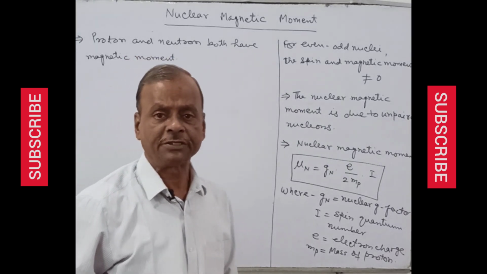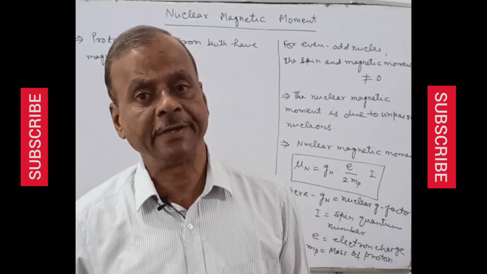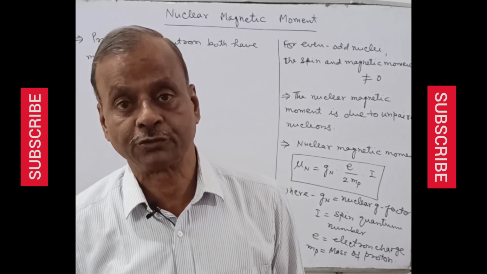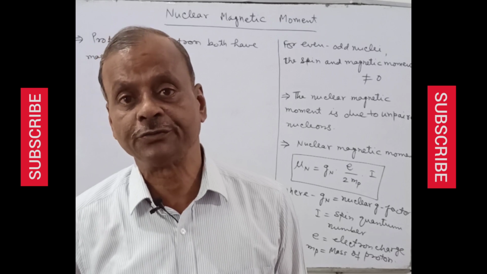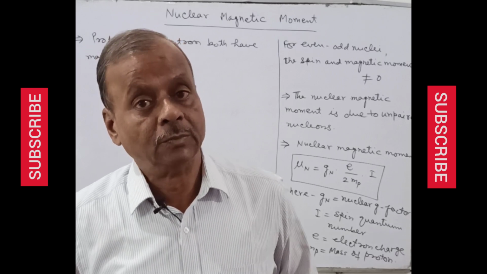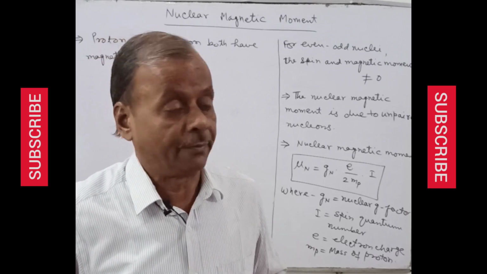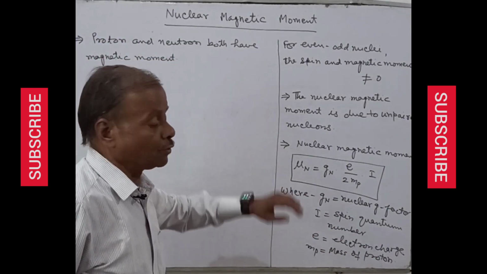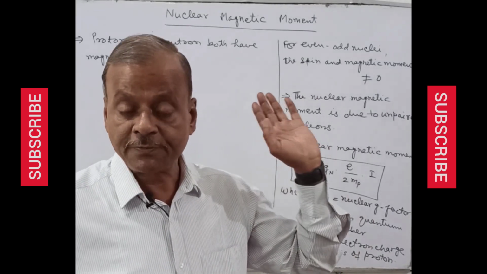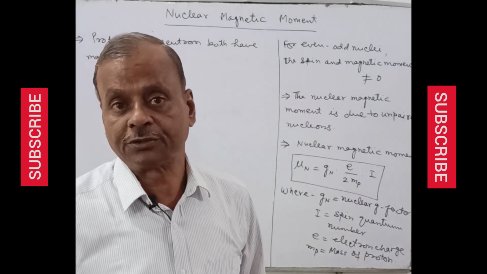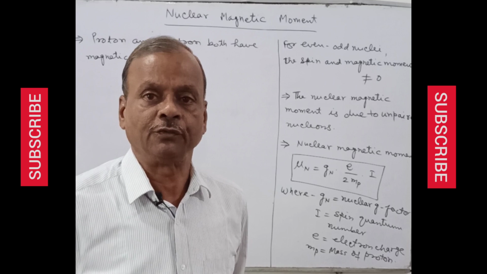It is not the case that the neutron, being a neutral particle, has no magnetic moment. This is not so, because spin motion is also possessed by the neutron. So this magnetic moment is possessed by both the proton and the neutron.